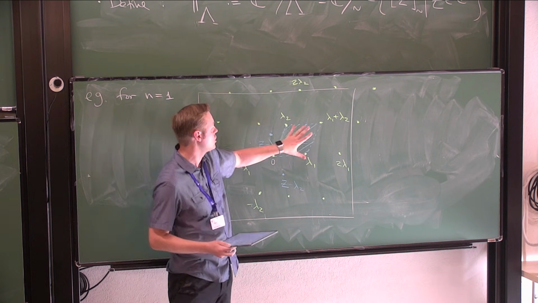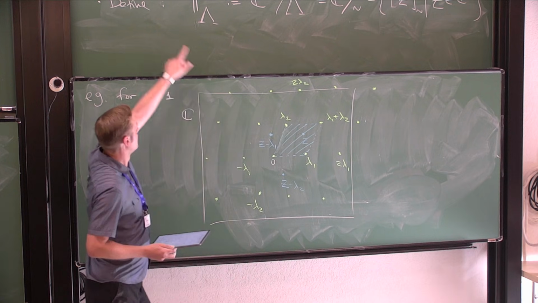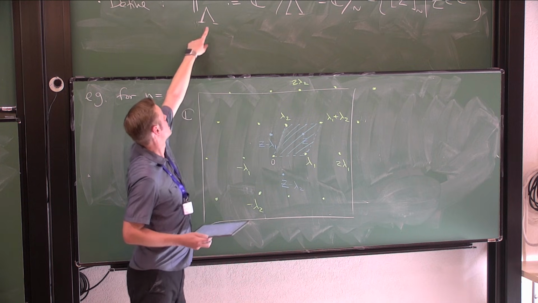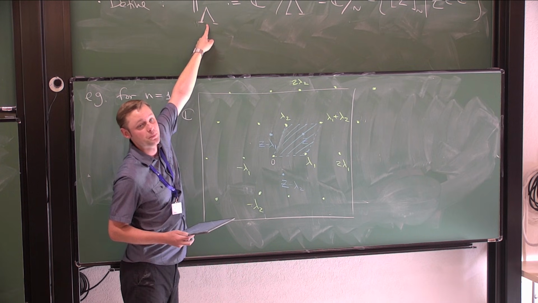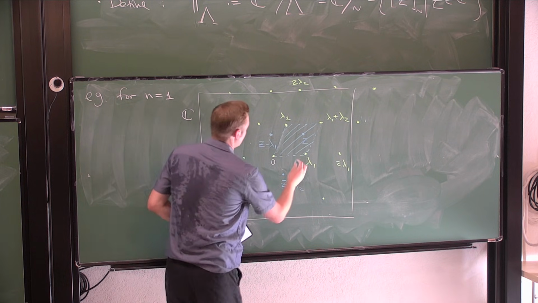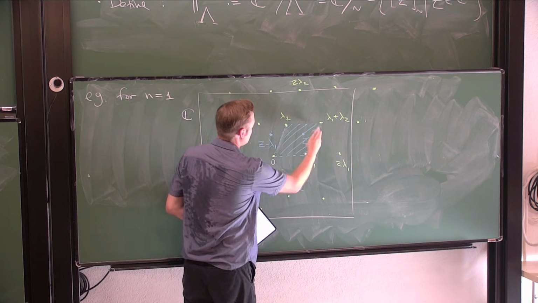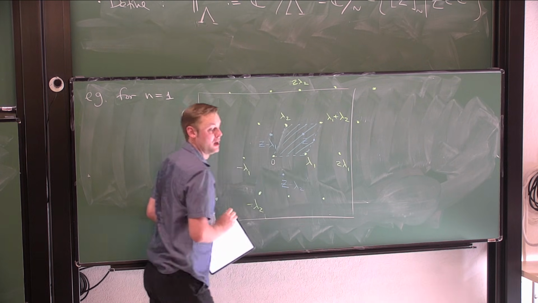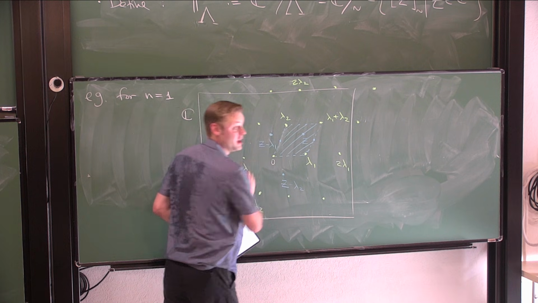And so the image that you're looking at, this blue parallelogram, is essentially the complex manifold T lambda, with one slight complication. Let's look at the boundary of this parallelogram, and say this point is identified with this point.